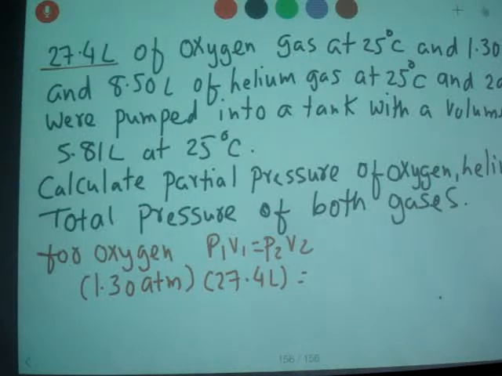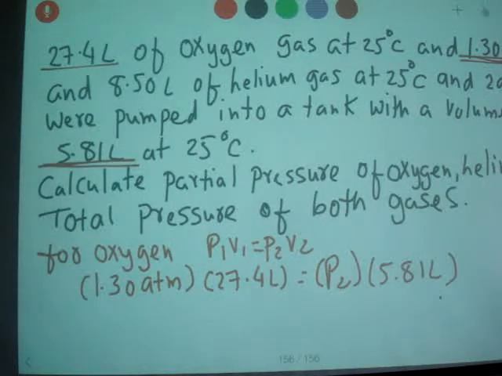This is for oxygen. P2 we need to find, and we have 5.81 liter because that's the volume of the tank. When you rearrange, you can find P2 is 6.13 atmosphere.